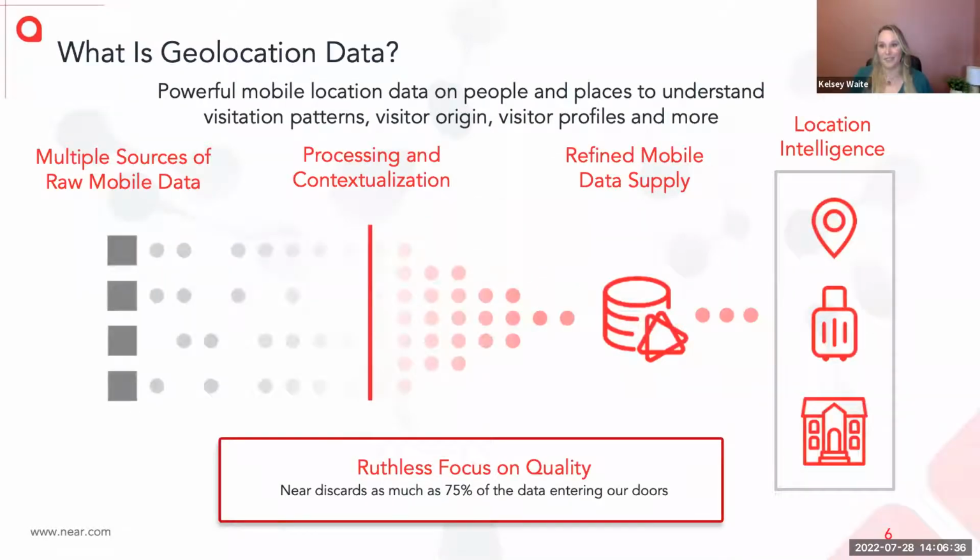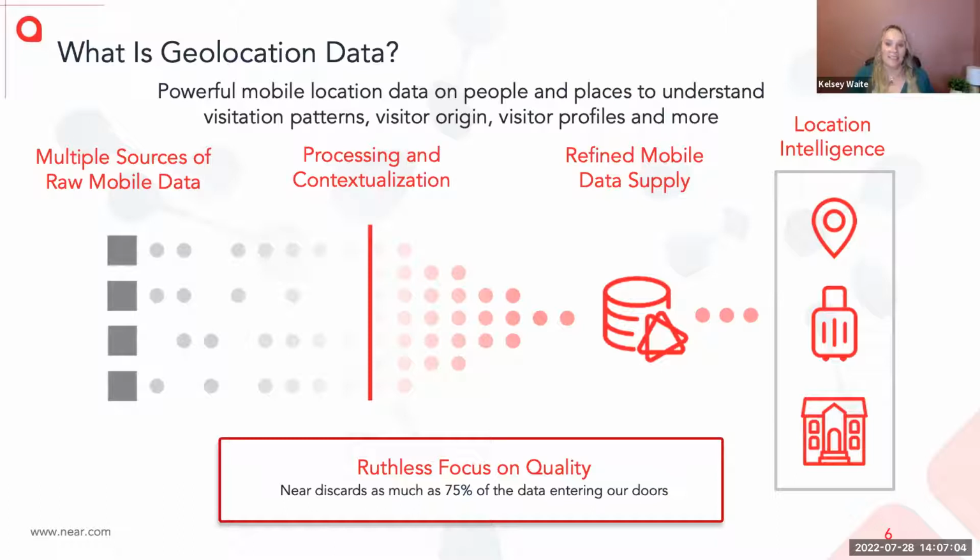So before we get into all of those pieces, it is important to talk about what is geolocation data. For us, it starts with data collected as GPS pings from opted-in smartphone apps. So millions of points of data are gathered per second from all over the world and from hundreds of thousands of apps that NEAR gets data on.